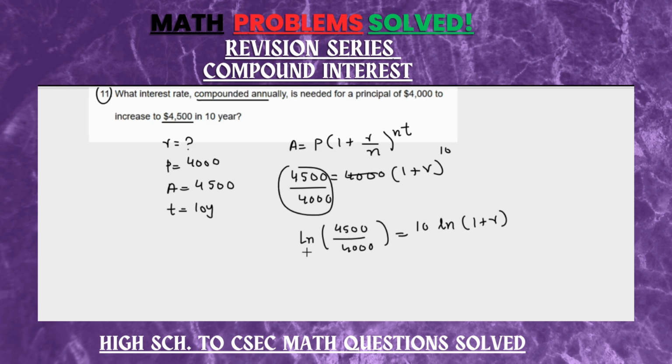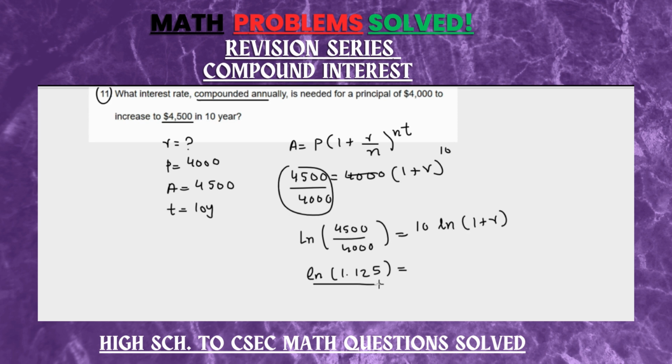Let me use my calculator. First of all, you have to divide 4,500 by 4,000. So it will be 1.125. Then you have to take the natural logarithm of this value.